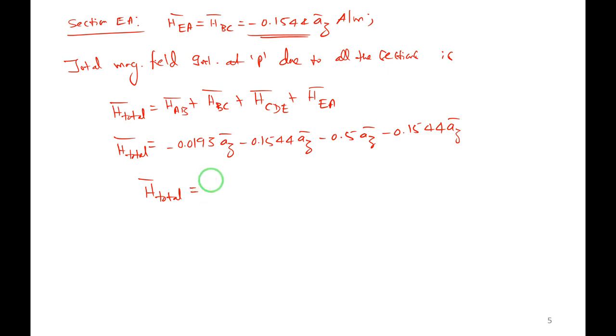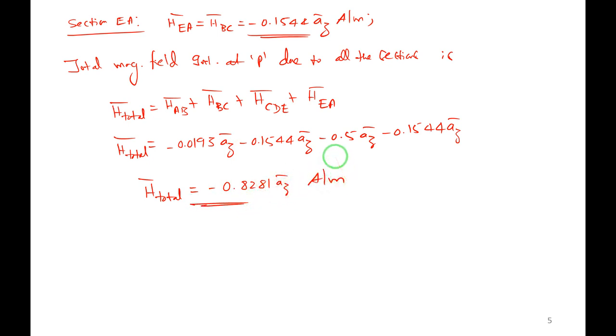So we'll calculate the H total. It is equal to minus 0.0193 minus 0.1544 minus 0.5 minus 0.1544. So I am getting it as minus 0.8281 AZ ampere per meter.